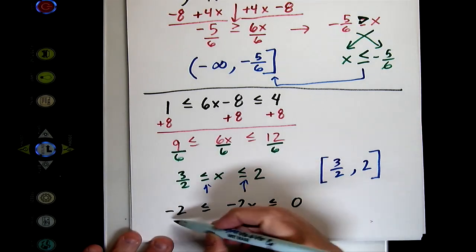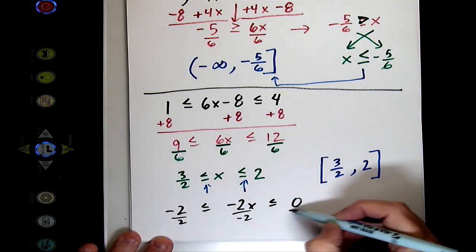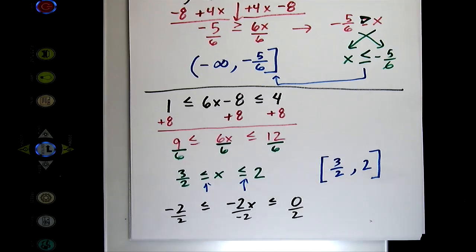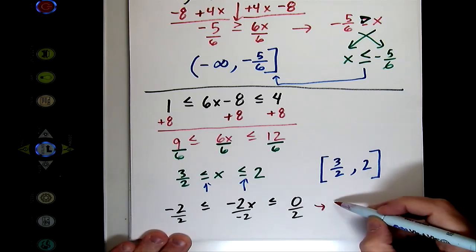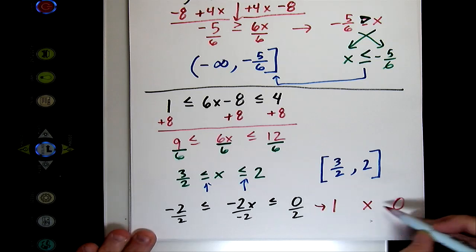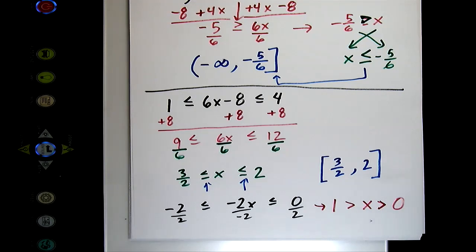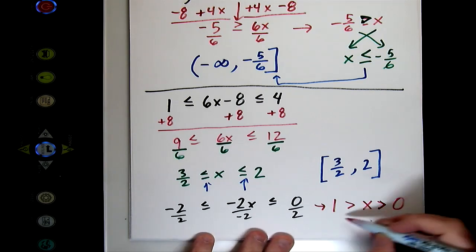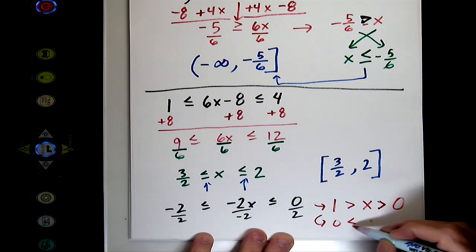If I divide everything by -2, what I get is, and if I look at the 1 and the 0, and x is between them, I have to make the mouths go to the left because 0 is less than 1, or 1 is greater than 0. This is an extremely awkward way of writing it, though, so we never really leave it like that. It's best to rewrite this as 0 is less than x is less than 1.